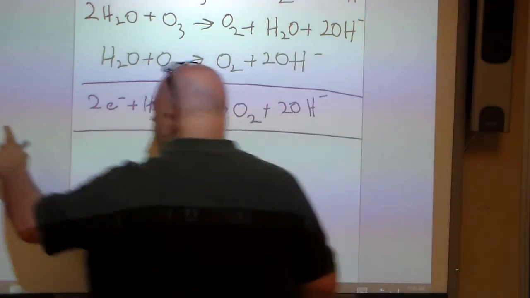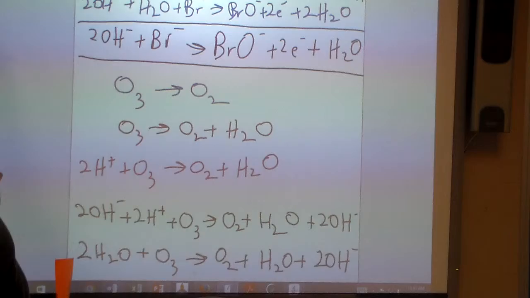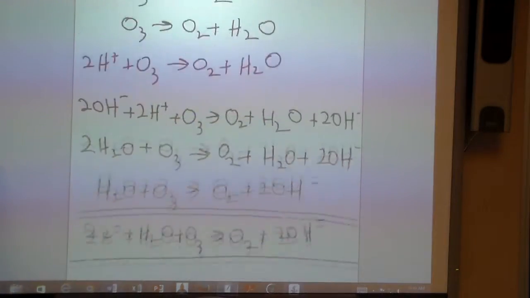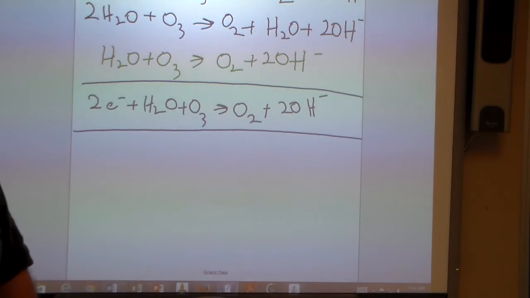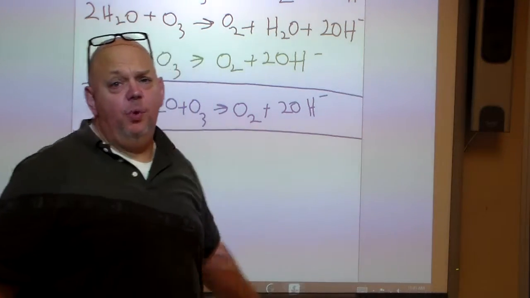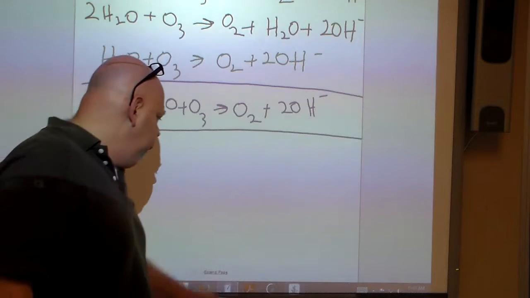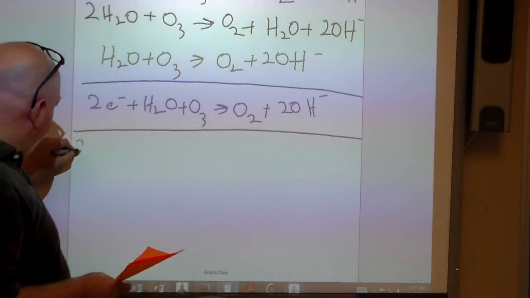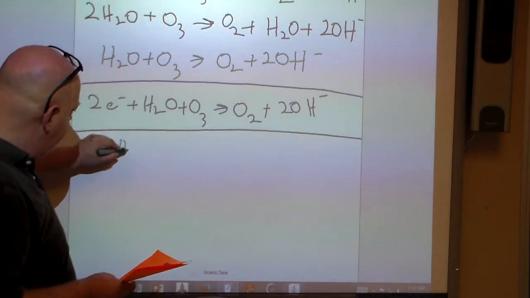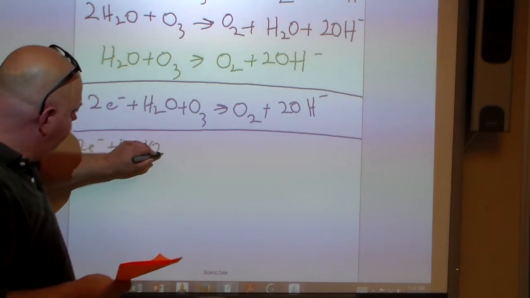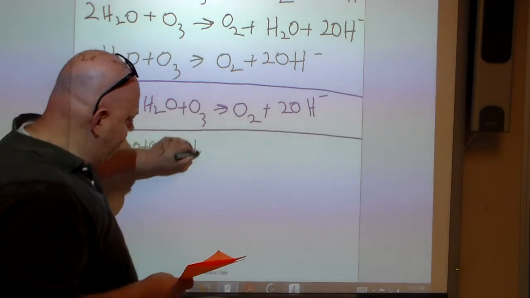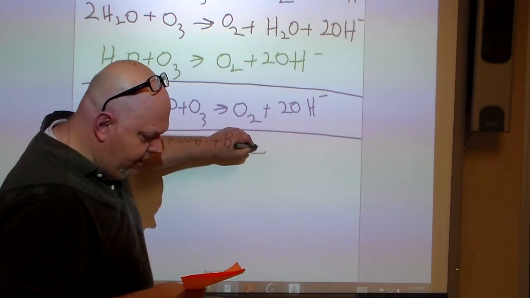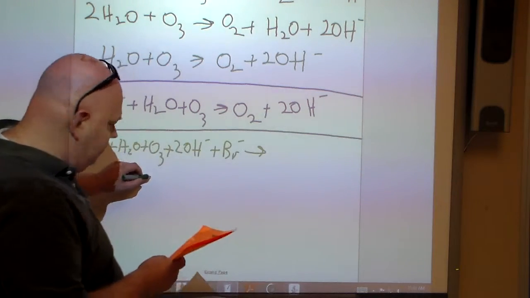Okay, so this is now our balanced half equation. We also have our balanced half equation from the first half. Now we got to combine the whole thing together. This is where I'm going to have to write small. So for those people who are squinting, please, it's okay. So 2 electrons plus H2O plus O3 plus 2OH, plus Br minus, and we get the arrow, and we're going to have to do it on this side here.